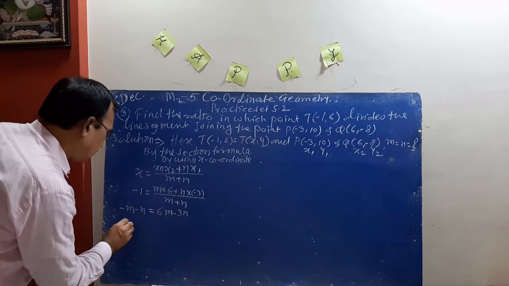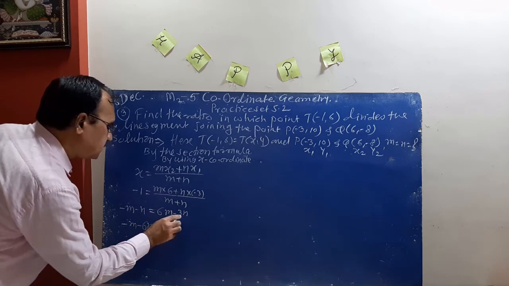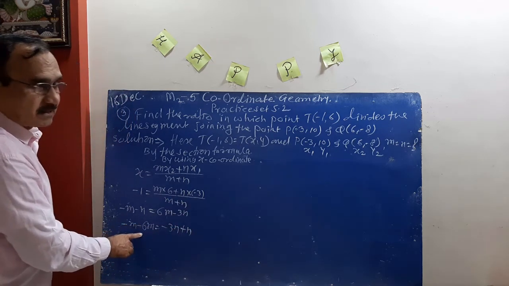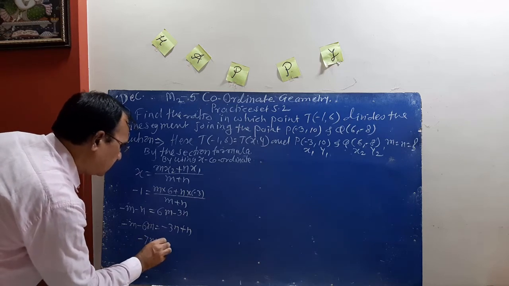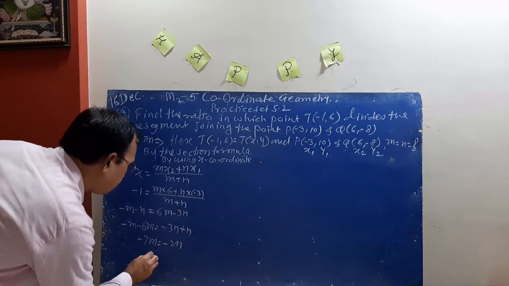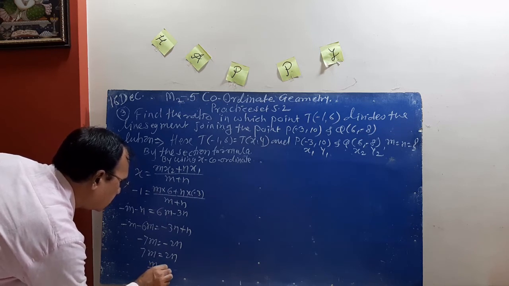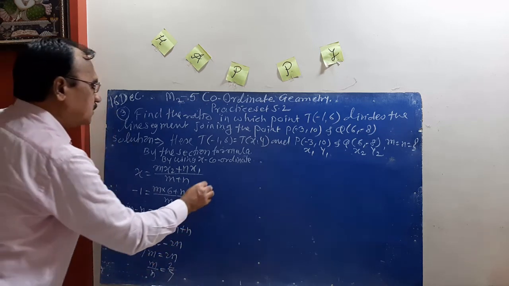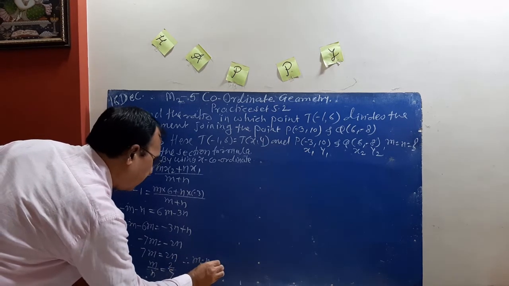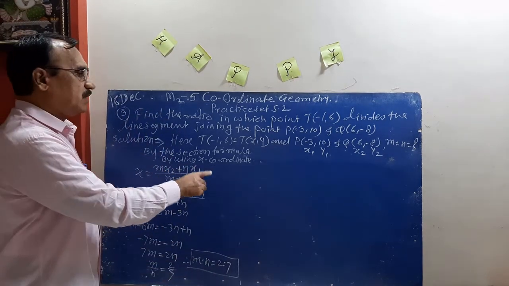Take -6m here: -m converted into -6m is equal to -3n. -n goes on that side, it becomes plus n. -1 and -6 is -7m. -3 plus 1 is -2n. The minus signs cancel, meaning 7m is equal to 2n, and therefore m upon n is equal to 2 upon 7, that is m to n is equal to 2 to 7, the required ratio by using the x coordinate.